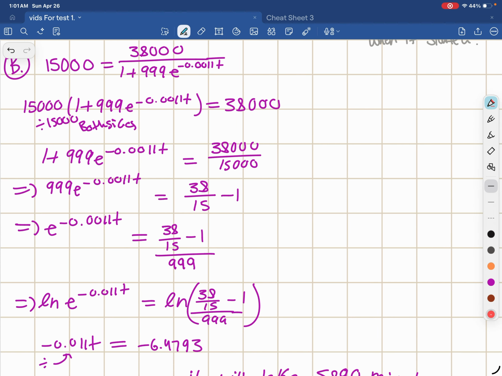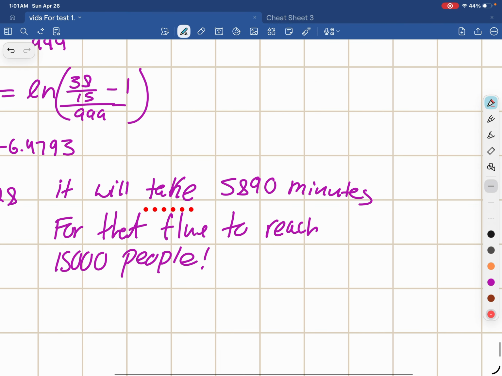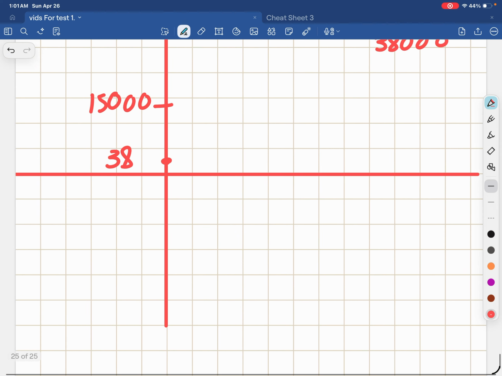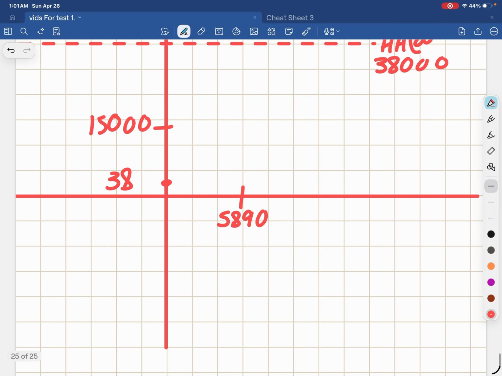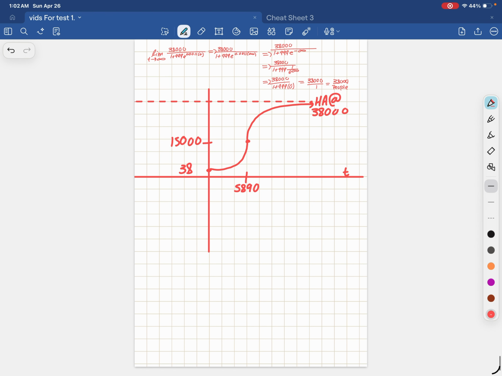And then we get for our t value 5,890. So we can put that right about here. Our graph starts right here, and we'll curve up to this second point, and then you'll see it start to plateau out, ever growing towards there. And this will be t, and that's how you represent that.